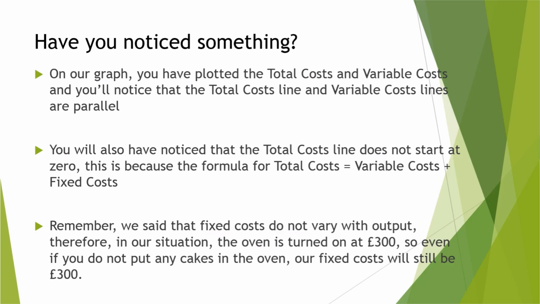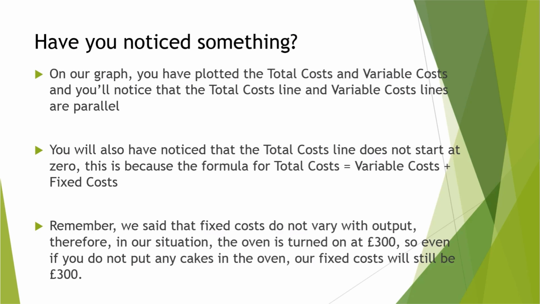You will also have noticed that the total cost line does not start at 0. This is because the formula for total costs is the variable cost plus fixed costs. Remember, we said that fixed costs do not vary with output. Therefore, in our situation, the oven is turned on at £300. So even if you do not put any cakes in the oven, our fixed cost will still be £300.